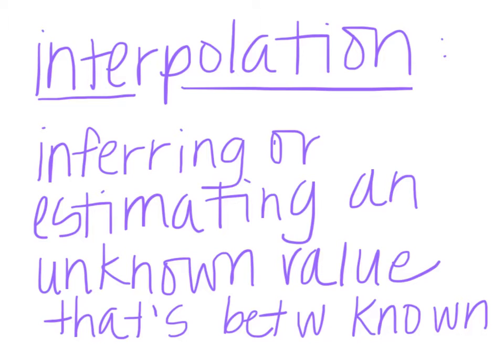And starting with some vocabulary, interpolation. And you can kind of see interp, or like interpret, inferring or estimating an unknown value that's between known values. So if you're using a graph, you can see that there's not going to be actual points plotted.